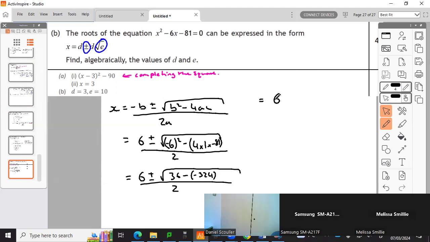God's sake. So what's that? 36 plus 324, so that'd be 360. That's simplifying that, so it'll be 10 times 36.